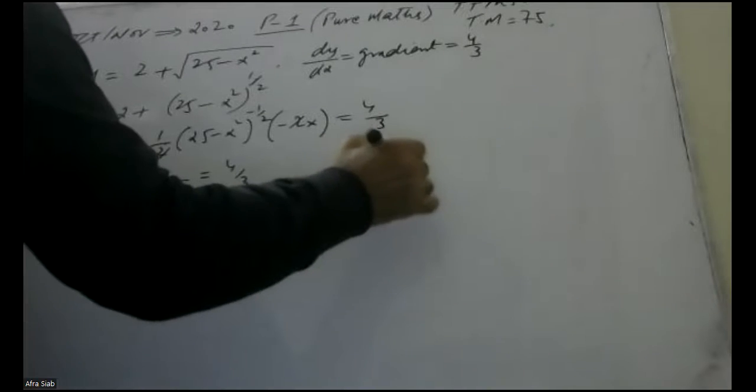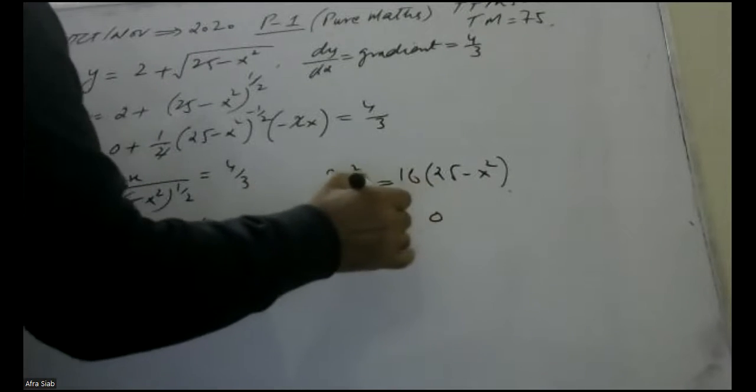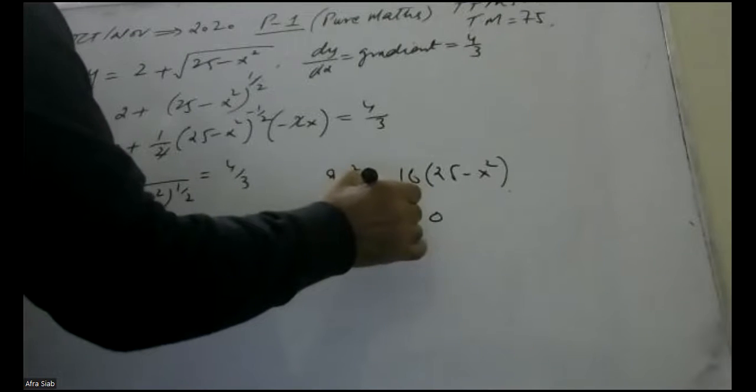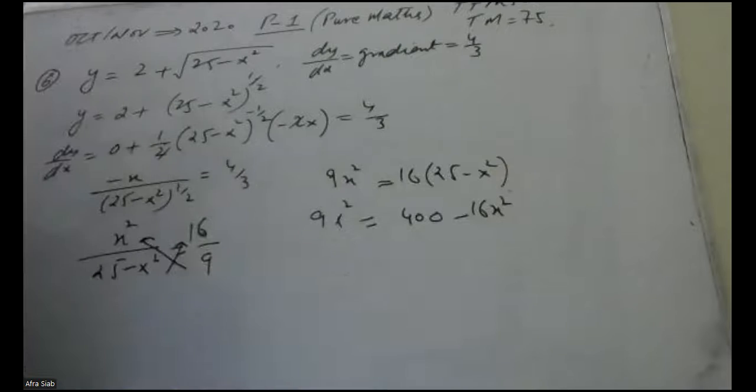So x square over 25 minus x square should be equal to 16 over 9. Now we can cross multiply. So 9x square is equal to 16 into 25 minus x square. So 9x square is equal to 400 minus 16x square.